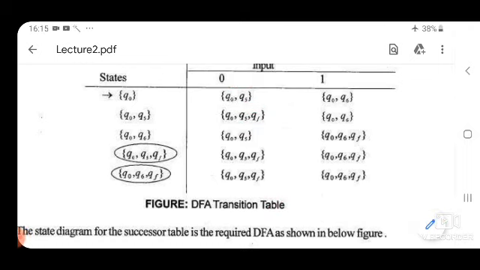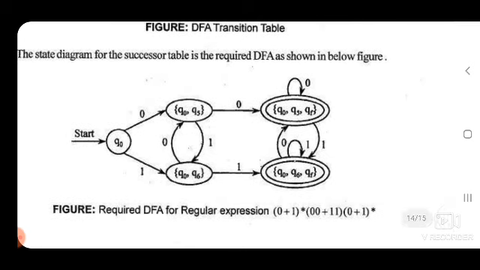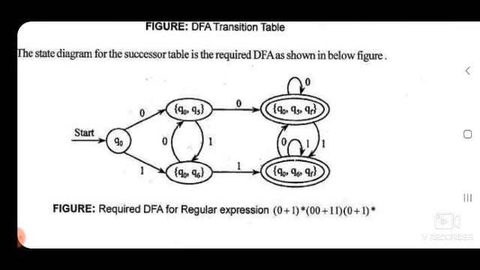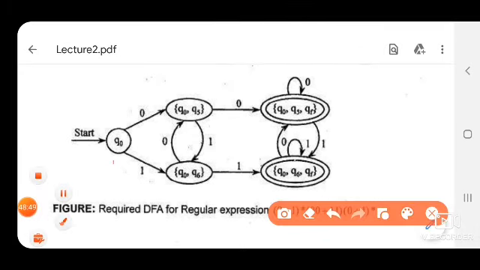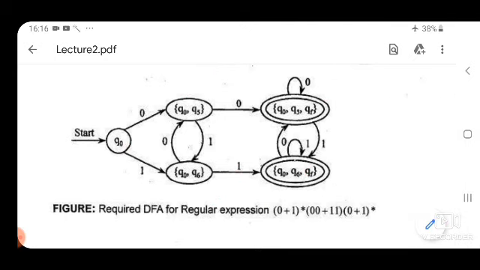So this is the transition table for DFA, and finally this is the figure for DFA. Okay. So in this DFA we have 5 states, 1 2 3 4 5, and there are 2 final states, this one and this one.